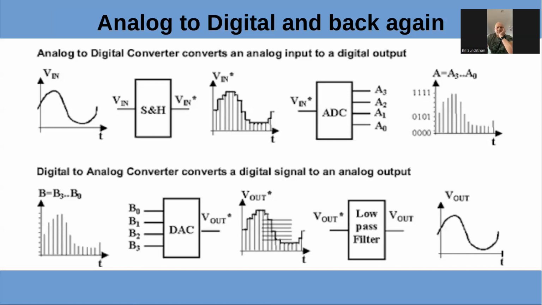Then we can go the other way with a digital to analog converter, which takes a digital binary representation of X number of bits and converts that to an analog signal. And there's a couple different types. There's a flash converter, and remember what the other one is for D to A?